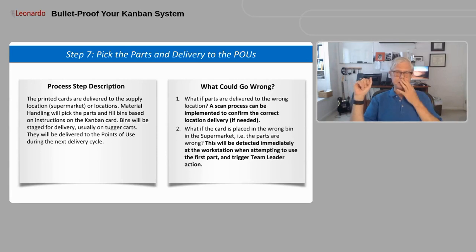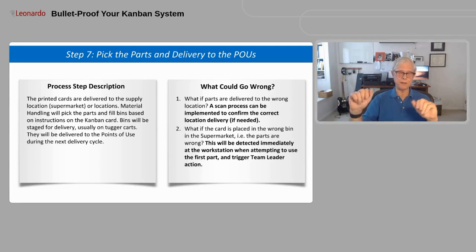So a couple things that could go wrong here. What if the parts are delivered to the wrong location? So the material handler, everything's perfect except the material handler puts that bin in the wrong location. Well, if this is a serious concern, what you can do is have a scan confirm that the location that bin is placed in is correct.